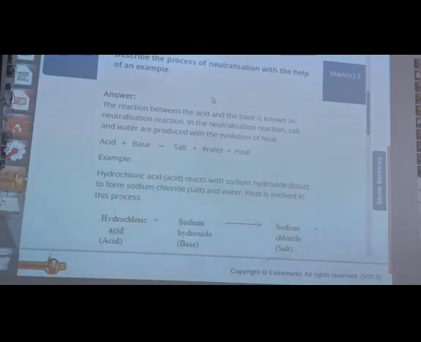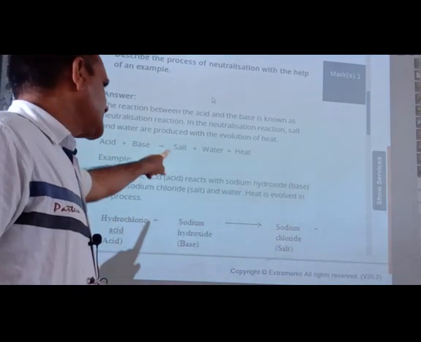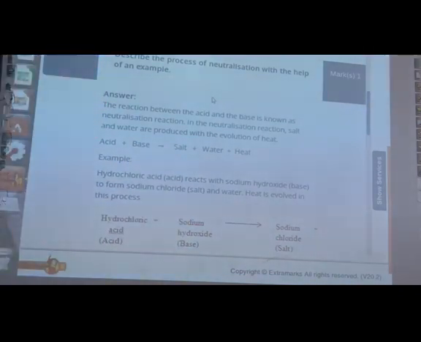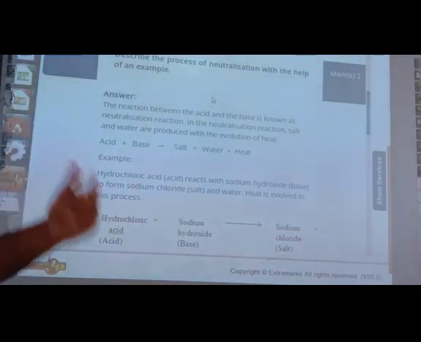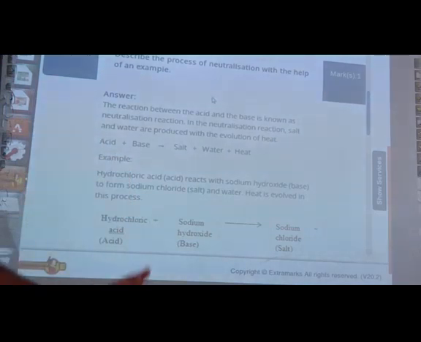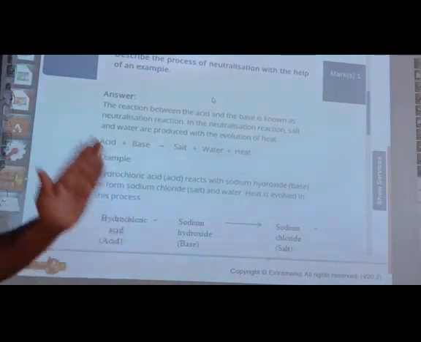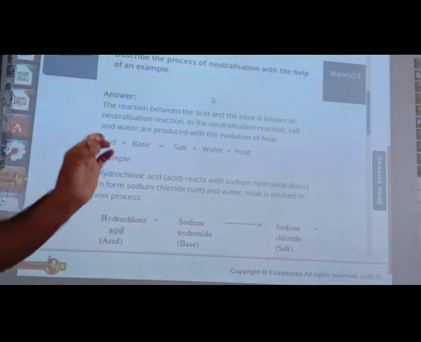Okay. So the reaction between the acid and the base is known as neutralization reaction. In the neutralization reaction, salt and water are produced with the evolution of heat. Acid plus base gives salt plus water plus heat. Example: hydrochloric acid reacts with sodium hydroxide to form sodium chloride and water. Heat is evolved in this process. What is the characteristic of neutralization reaction? Salt and water are formed along with the evolution of some amount of heat.